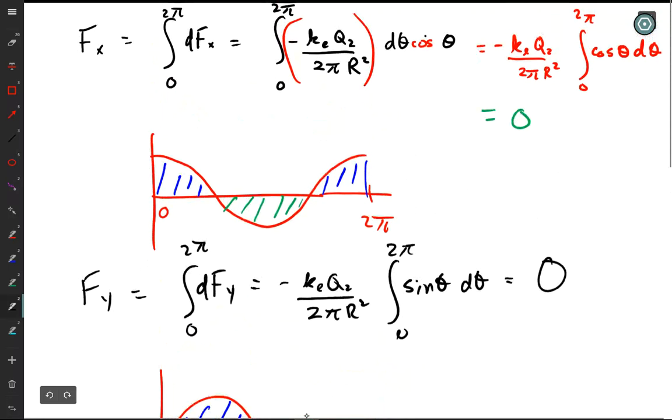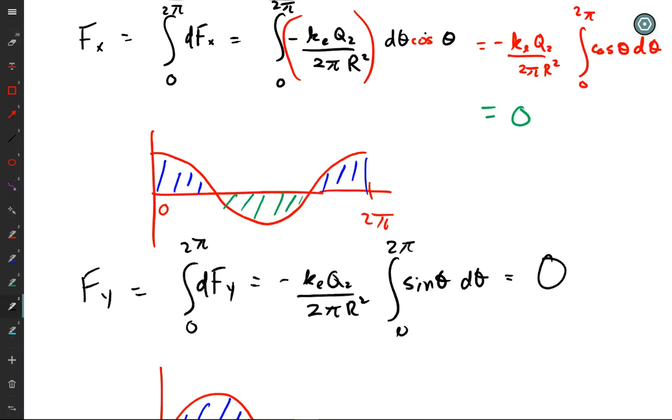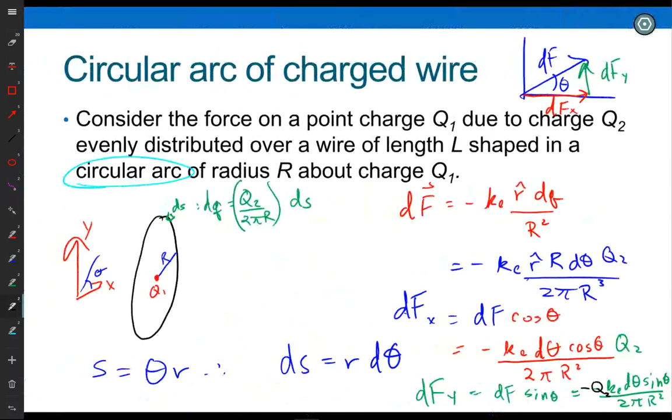So now we found the net force in the x direction is 0, the net force in the y direction is 0. So what's the net force here? Yes. Doesn't matter if I put a vector sign or not because it's equal to 0. The short answer would have been for somebody to blurt out right at the beginning, 0.